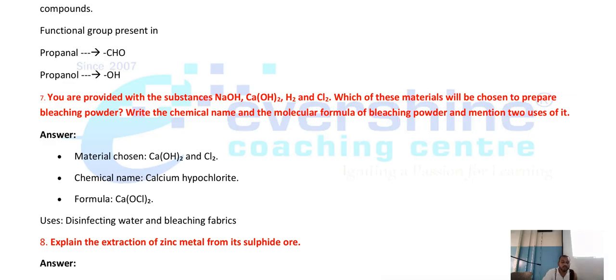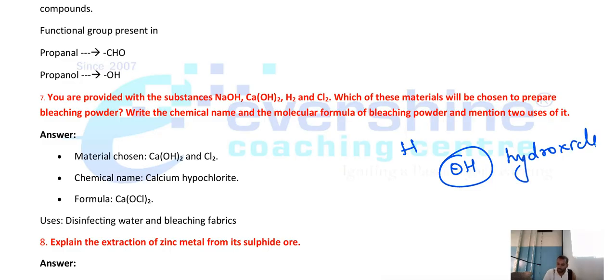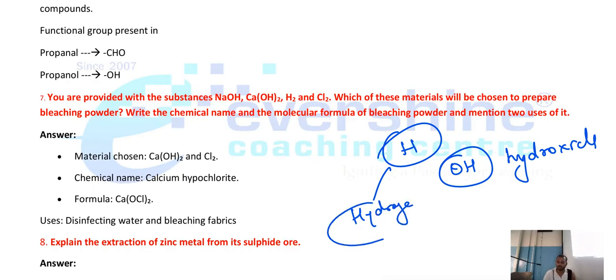See children, with anything, if we get H, that is hydrogen. If OH comes, that is hydroxide. H is hydrogen, OH is hydroxide. Understood? The H plus ion concentration is acidic in nature.